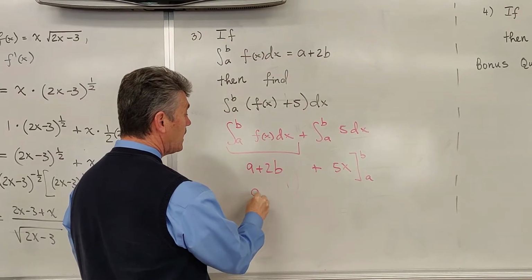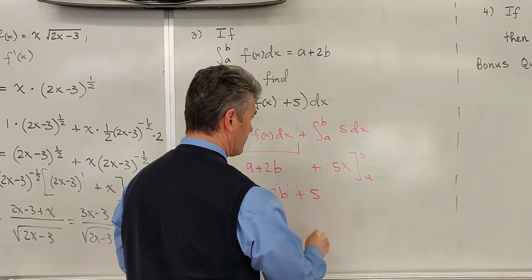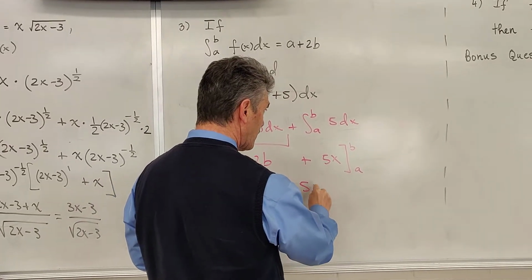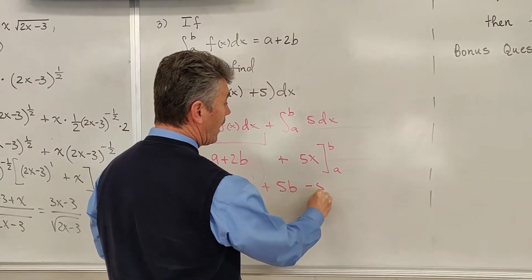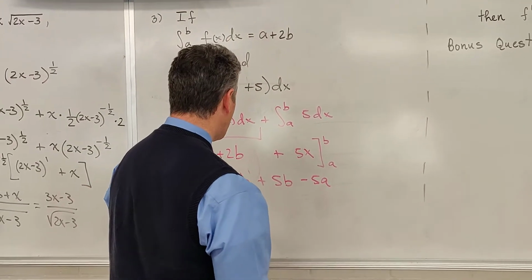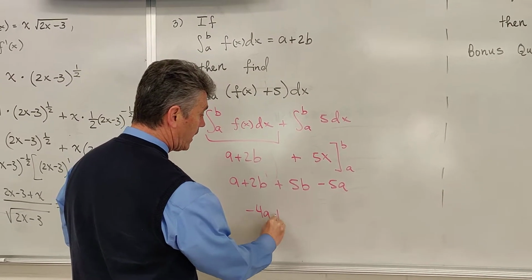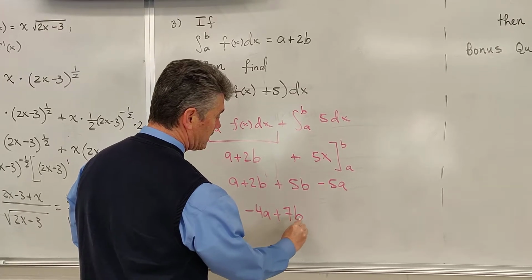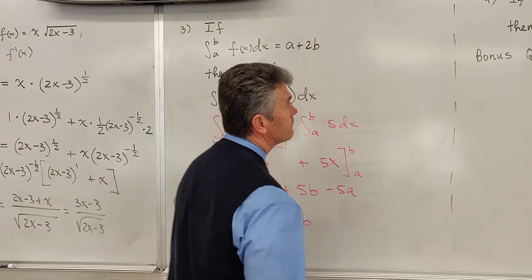So this is a plus 2b plus 5b minus 5a. Adding the like terms, you get negative 4a plus 7b.